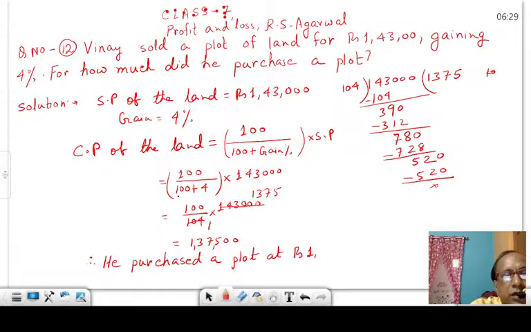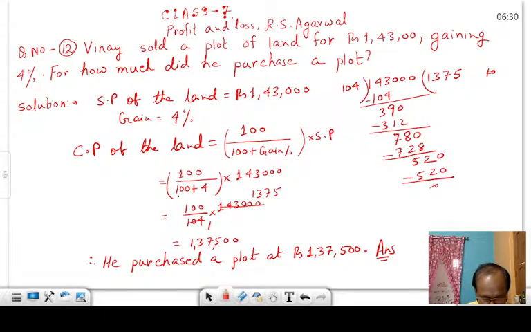Therefore, purchase the plot at the rate of rupees 1,37,500. And this is our answer, right? In this way, we have to solve all the problems, right?